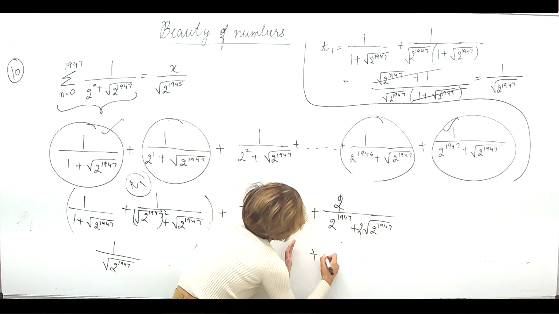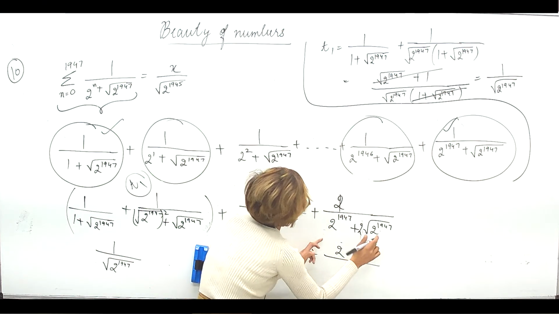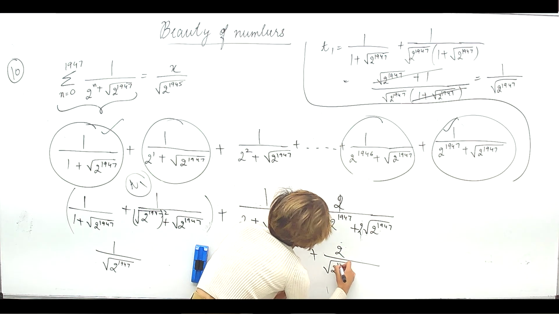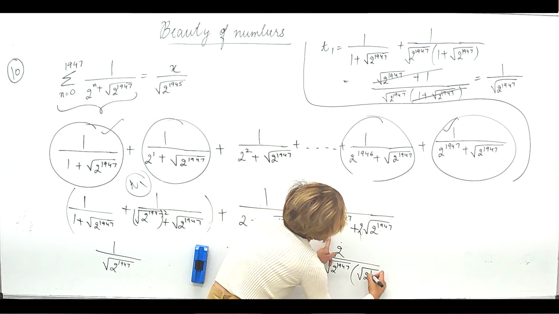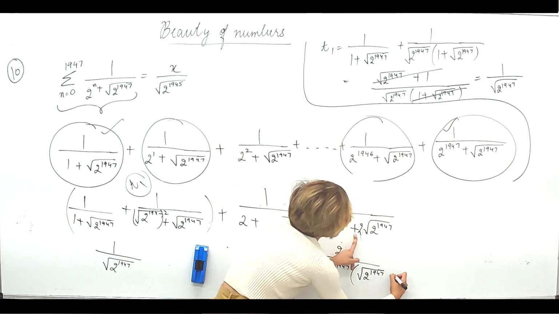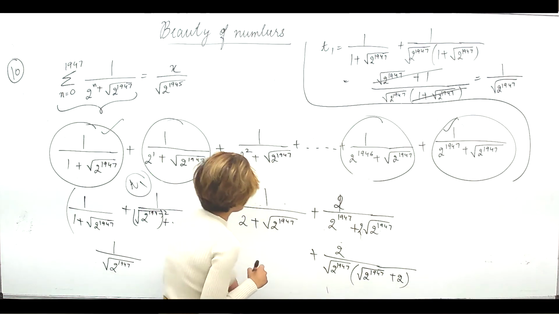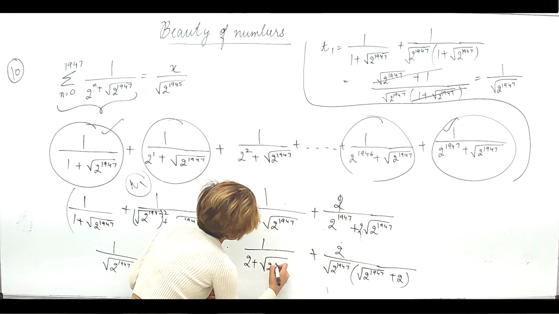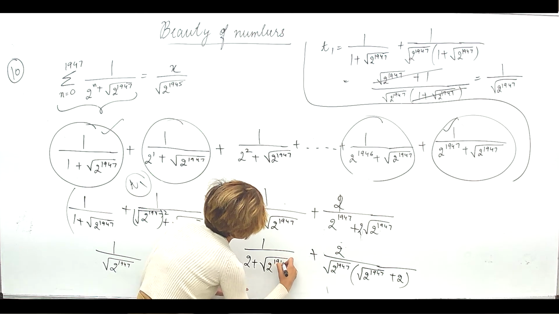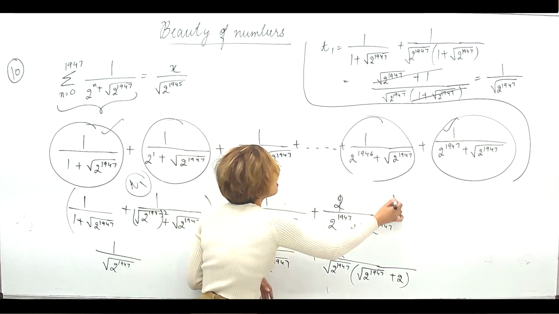So this is plus 2 divided by. Now I take square root of 2 raised by 1947 common. Right? I'll be left with 2 raised by 1947 plus 2. Right? And this term as it is. So 2 plus square root of 2 raised by 1947. Right? This was my T2.